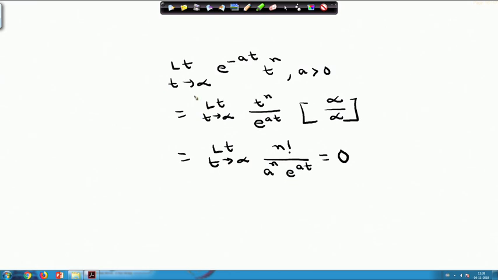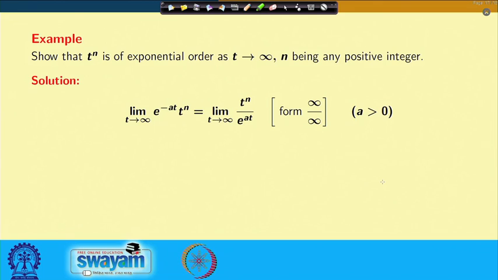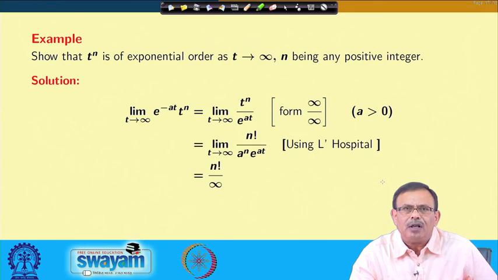Therefore, since the limit as t approaches infinity of e power minus a t t power n has a finite value 0, we can say that t power n is of exponential order. So, this only I am just showing here. You can just see factorial n by infinity, which is 0. So, this example shows that t power n is of exponential order alpha.